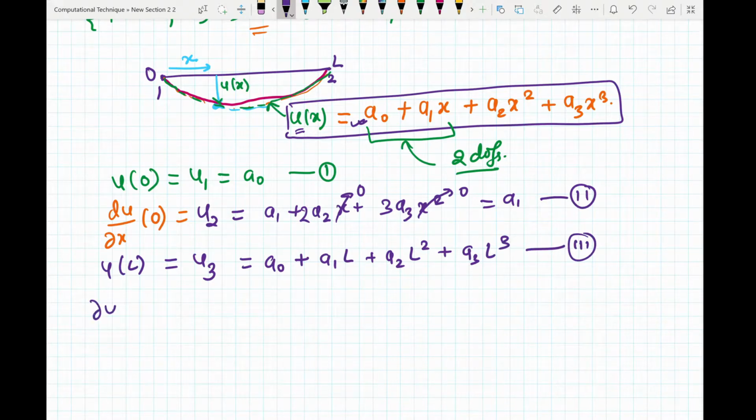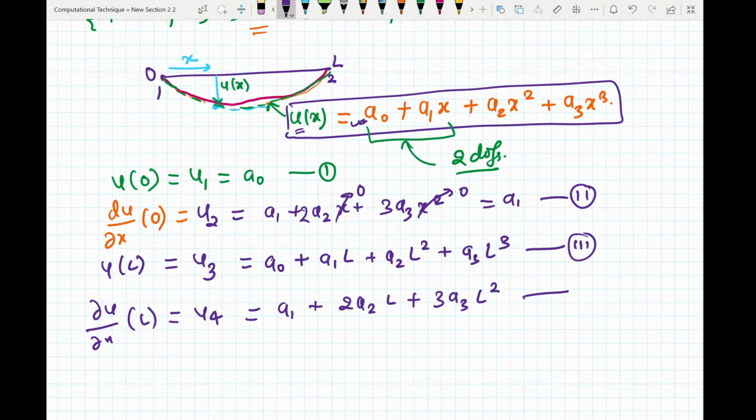Now the fourth one is the slope at L, that equals u4, that equals A1 plus 2A2L plus 3A3L squared. This is our fourth equation. Please remember that we have already solved for these values, so these are all known under the loading condition.